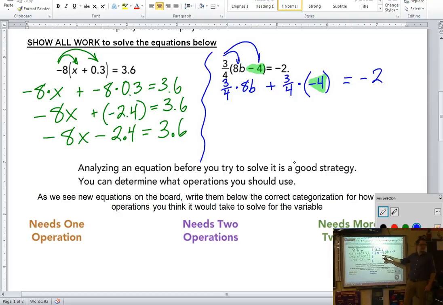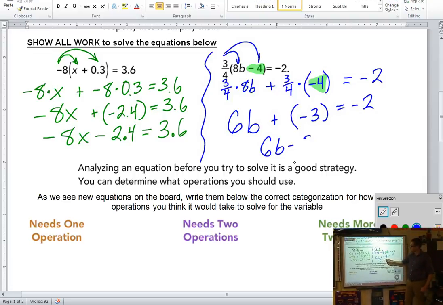Anyone get that? So do 8 times 3, then divide by 4. Joe? Yeah, so we get 6b plus 3/4 times 4 would just be 3, but it's a negative. And again, I need to clean this up, so it becomes 6b minus 3 equals negative 2.